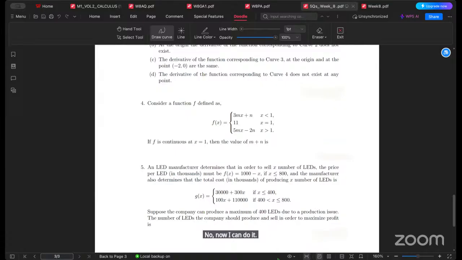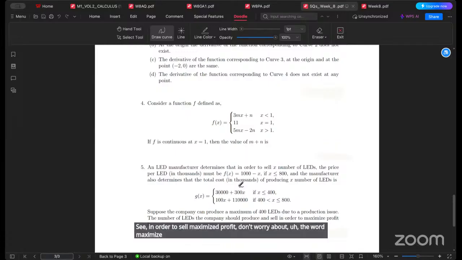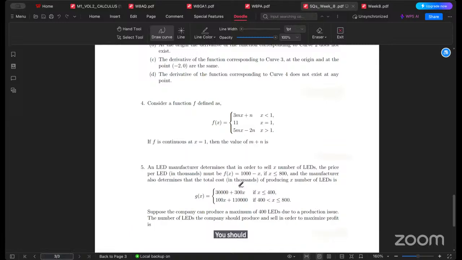Ma'am, can you tell just in general what should be the approach to solve this question? Remember, ma'am, at the end, it's written maximize profit. See, don't worry about the word maximize. You should understand what we are given, and what you are asked to do, and try to do that.